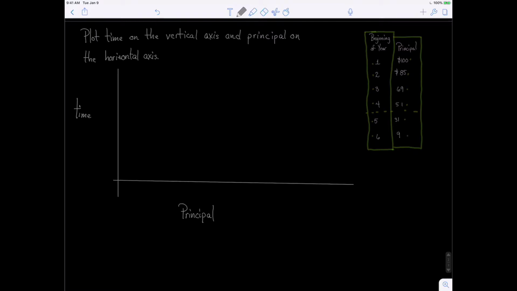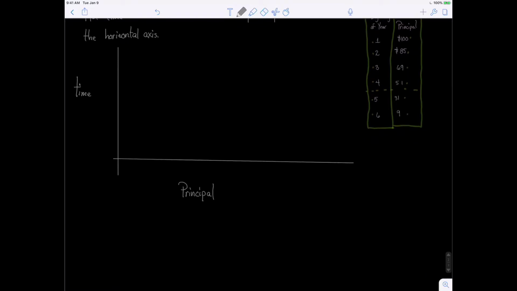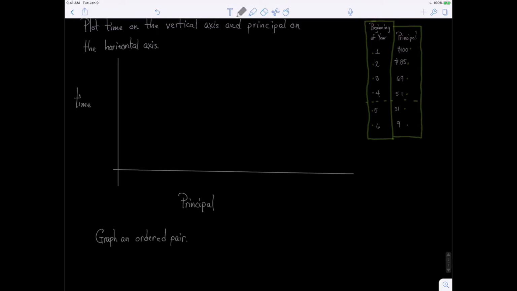Now, when we write these, we're going to graph an ordered pair. So what is an ordered pair? An ordered pair is always two related numbers, and it's always given as the horizontal value and then the vertical value.